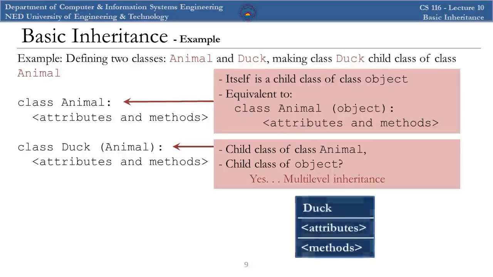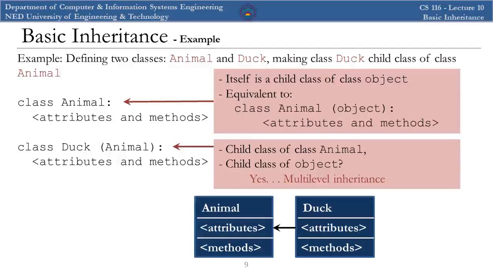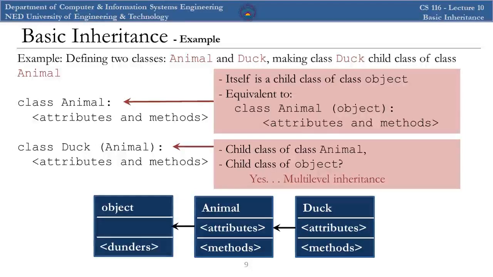This duck class inherits from class animal, and this animal class is inheriting from class object. So indirectly, duck class is also inheriting from this class object, right? And this is a multi-level hierarchy. Duck inherits from animal, animal inherits from object, duck inherits directly from animal, and duck inherits indirectly from object.